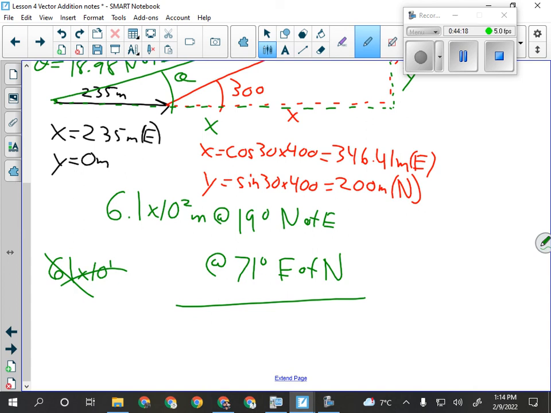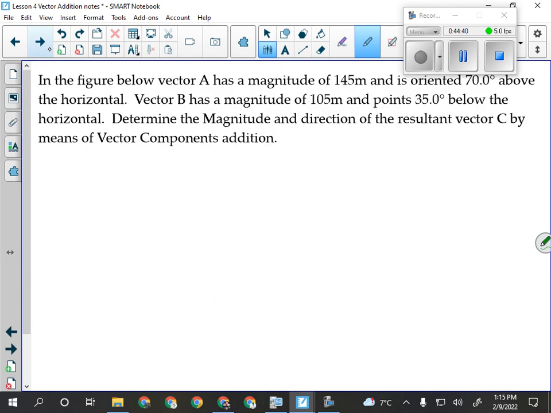Like I said, for as long as you have been alive, every unit exam for this unit, I have given a question like that. One line that's either horizontal or vertical, and one line that is angled, find the total. I want you guys to see if you can draw that one.